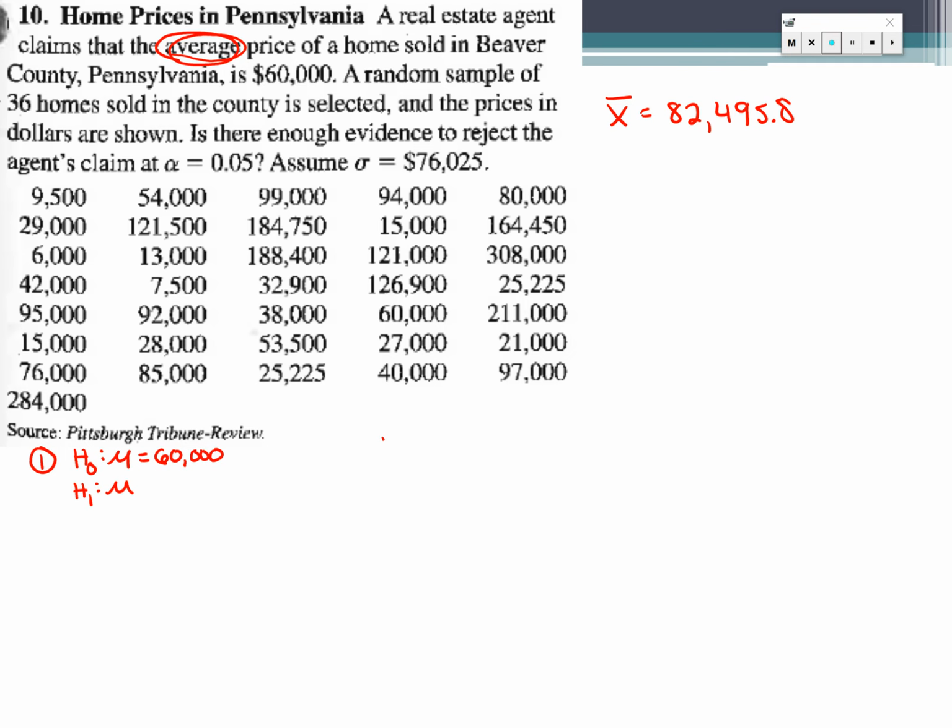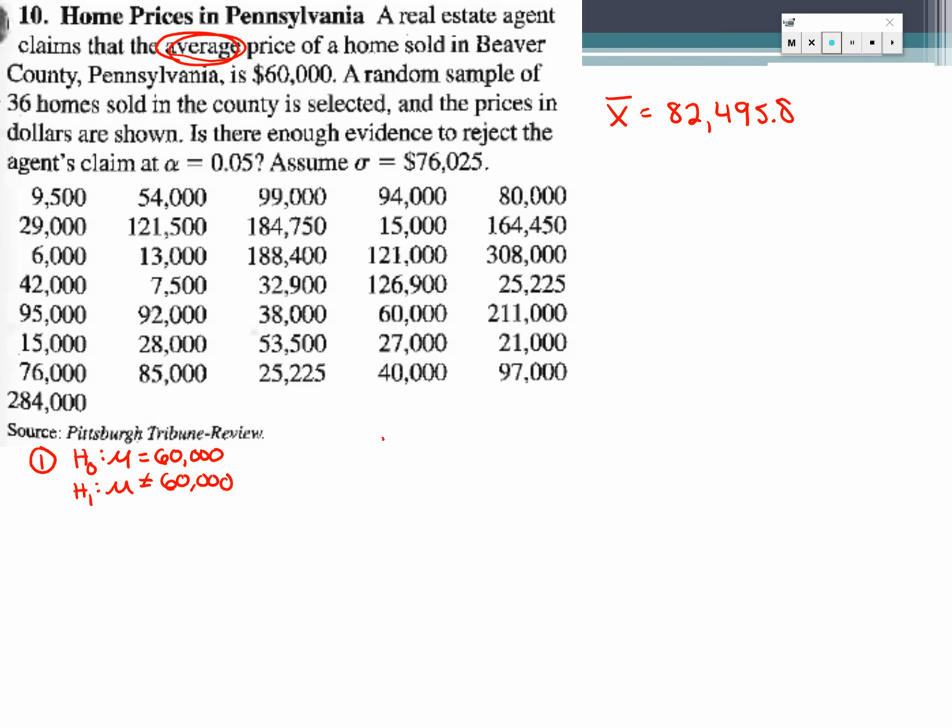Now it says that the agent claims that the average price is the $60,000. So there's nowhere in the question that says anybody's thinking that it's less than that or greater than that. So when that happens, the alternative hypothesis is just going to be stating that the mean is something different. It's not a specific greater than or less than, but it's just something different.